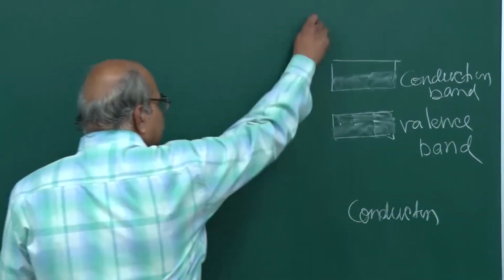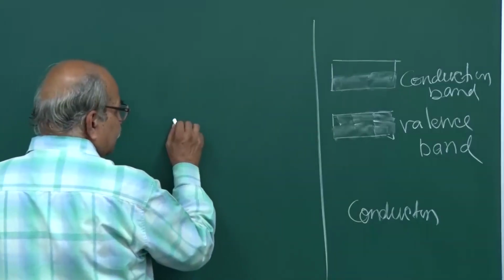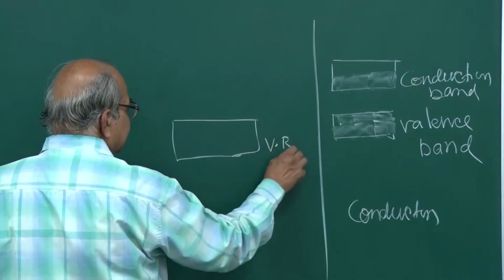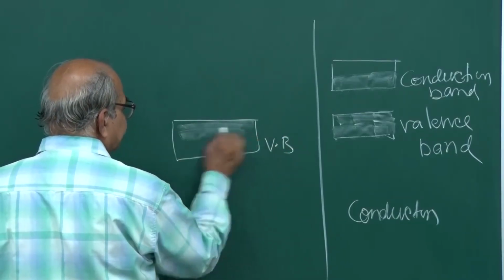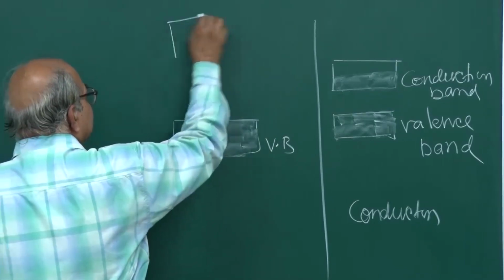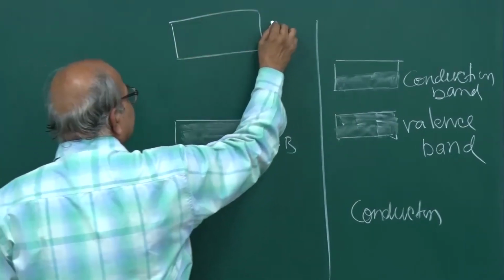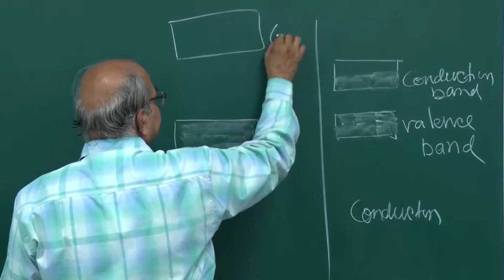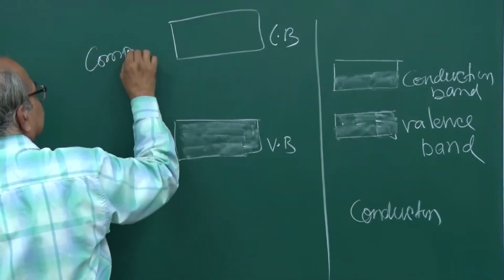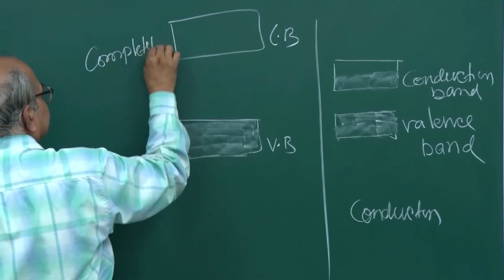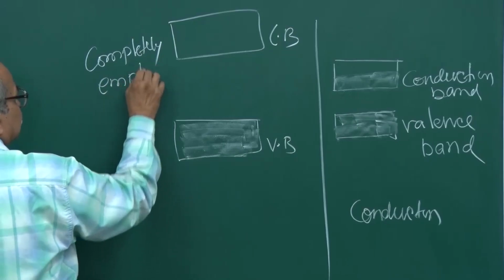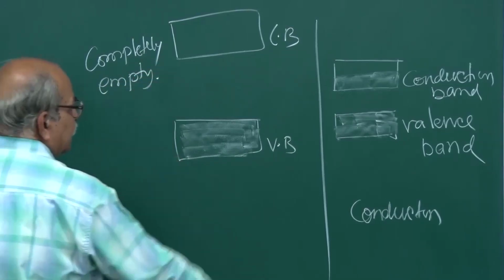Then you have another kind of material where you have a valence band. By definition it is completely filled, so this is completely filled. And then you have the conduction band, and this conduction band is completely empty. Okay.